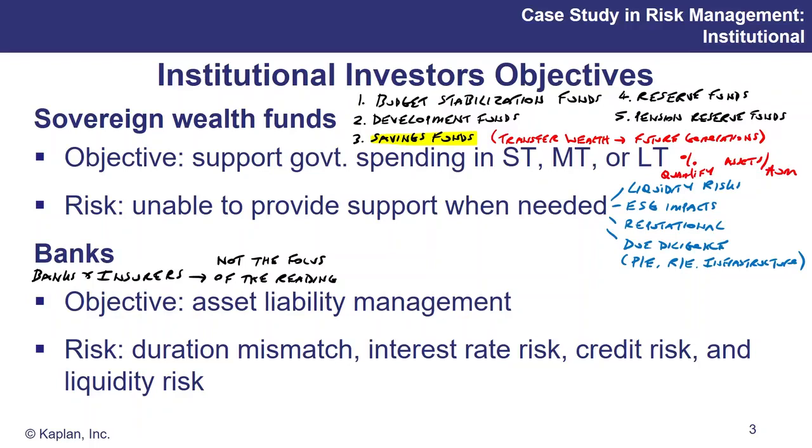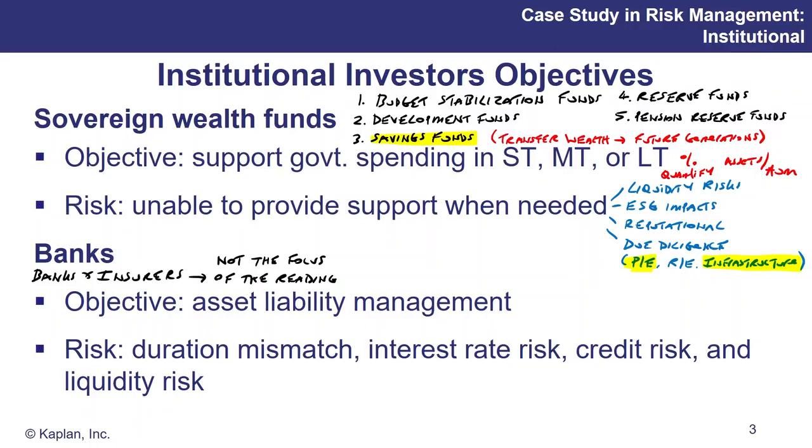We're going to be evaluating 2 different investments, one's a private equity investment, and one's an infrastructure investment. These are the 2 separate projects that the case study looks at. Now, we have 2 institutions that don't form part of this reading, more short-term in nature, banks and insurers.